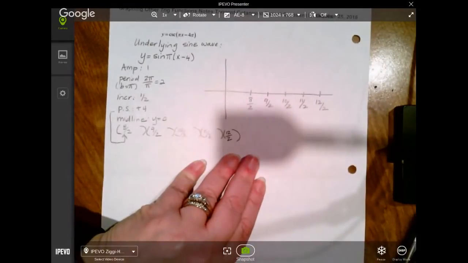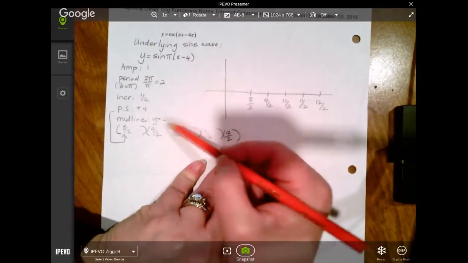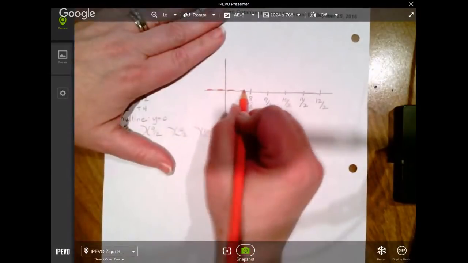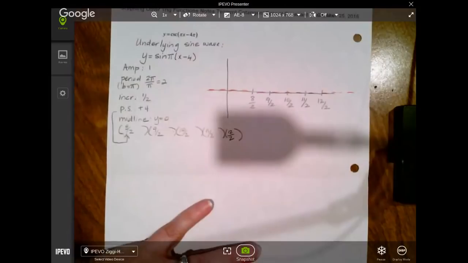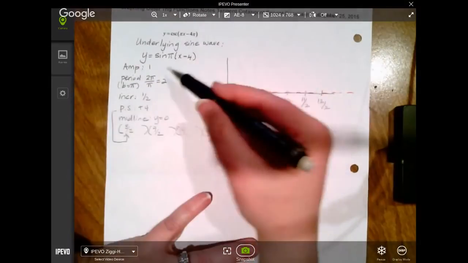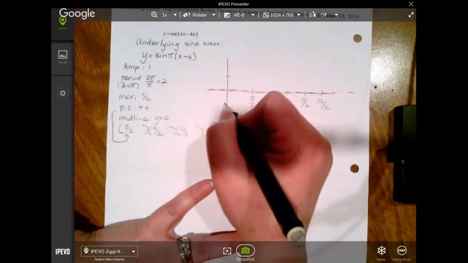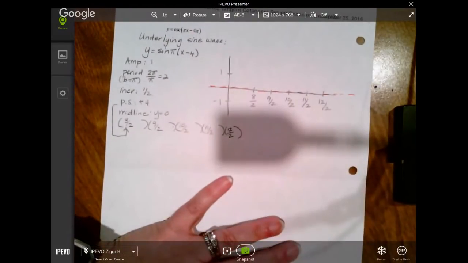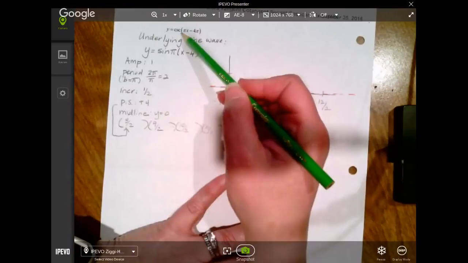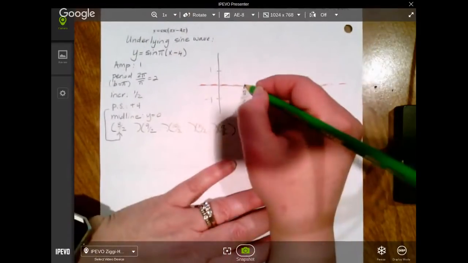And my midline we said was 0, so I'm going to put my midline on there. There it is. And we're going to say with an amplitude of 1, we're going to go from -1 to 1. This is a sine curve because it's an underlying for a cosecant. So we start on the midline.